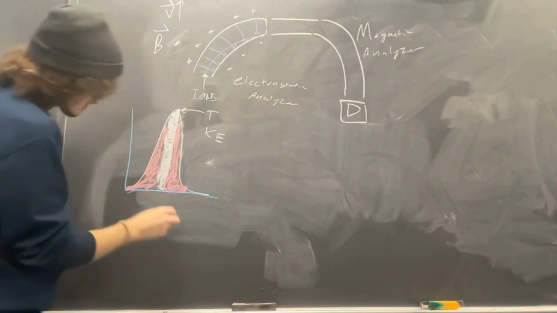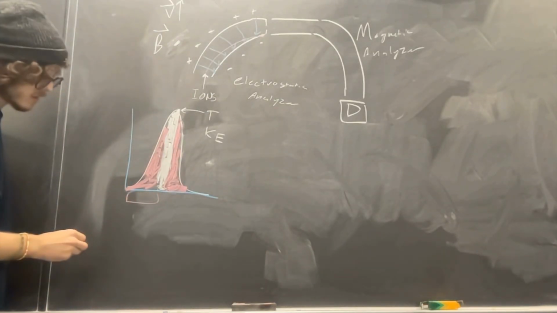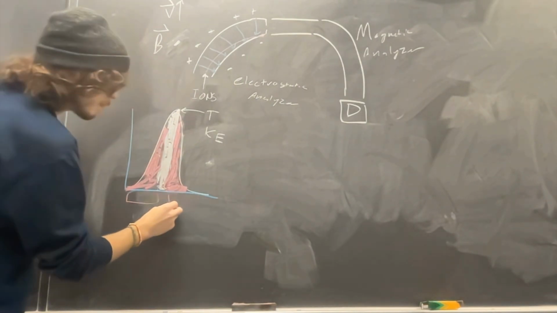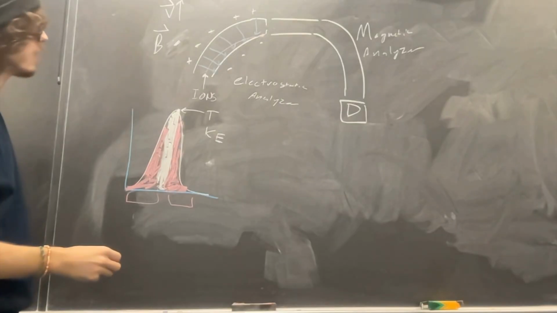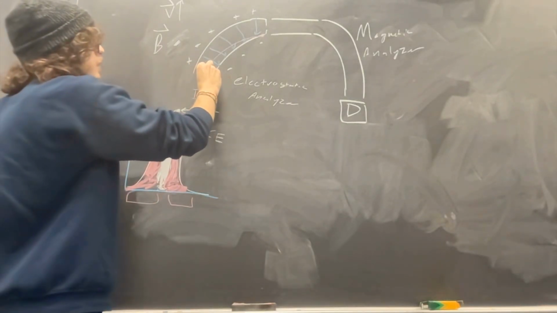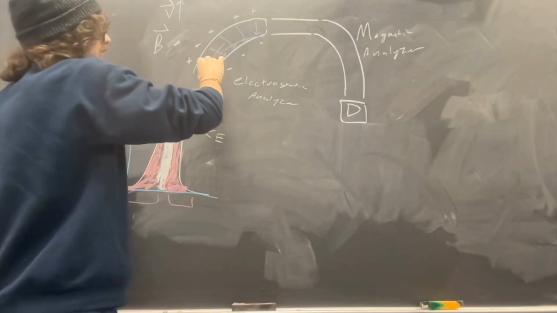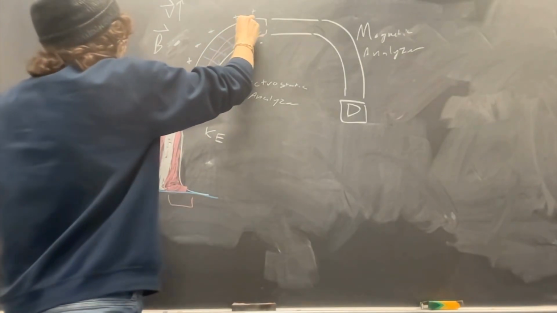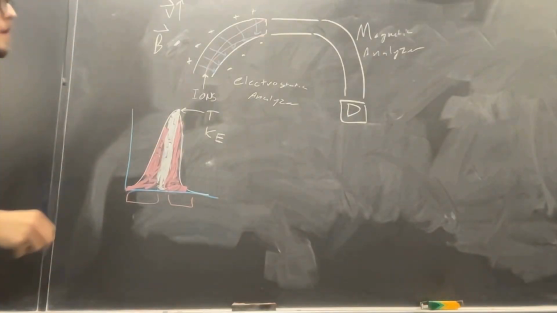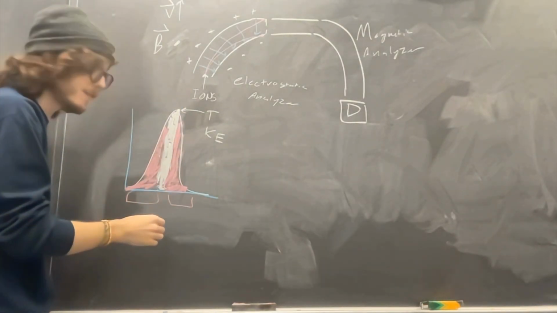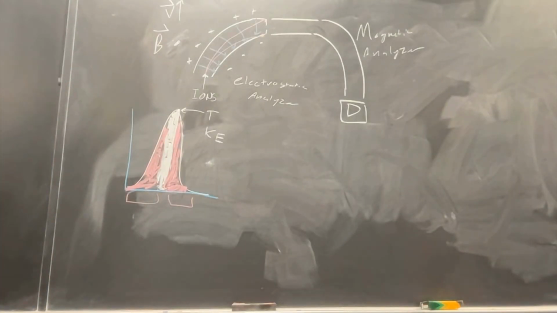So that's the very slow ones being selected out. But what about the really fast molecules? Well, they're going so fast that the electric field is hardly going to act on them, and they're going to slam into the top of the slit. So that's us selecting out the really, really fast molecules.